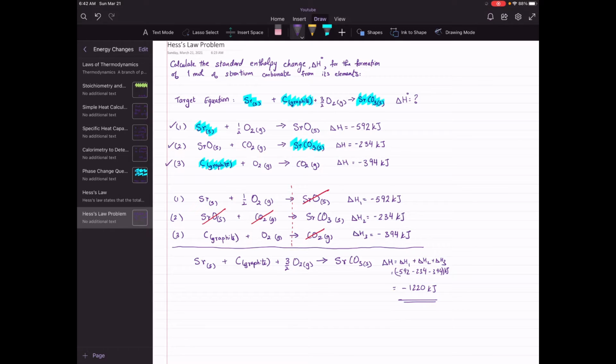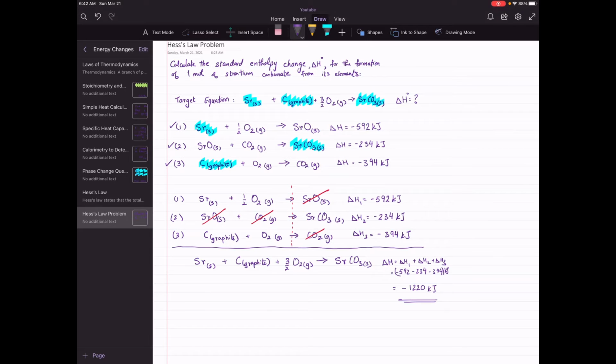Now, the number of equations given to us could be 2 equations, 3 equations, 4 equations, or even 5 equations, but the basic principles will stay the same. Your objective is to get the target equation by manipulating the reactions given to you. When you add them up, that should produce the target equation. If it doesn't, you can continue manipulating the equations in the two different ways I have indicated.